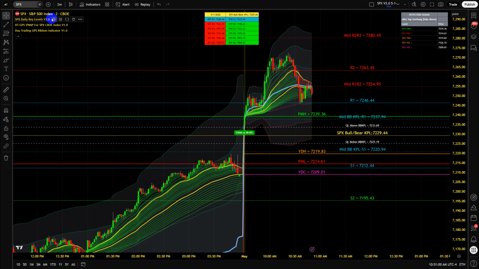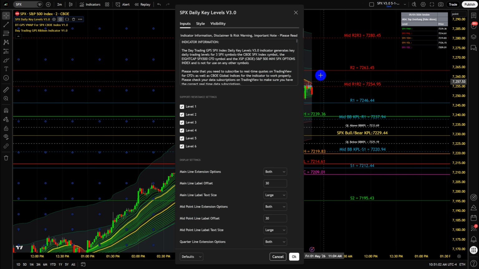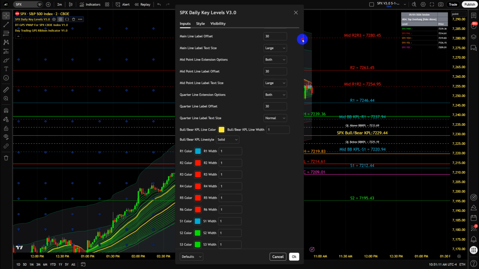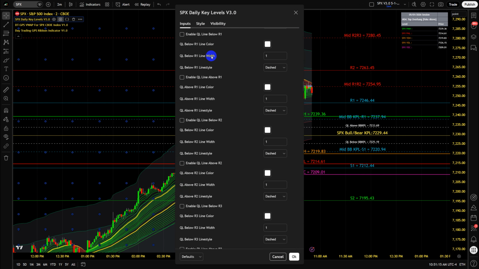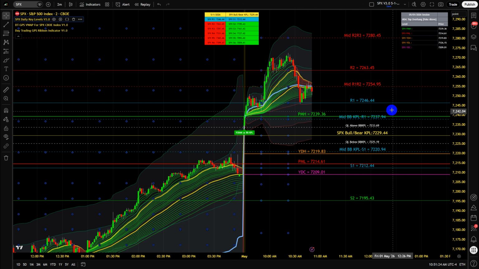You can go into the user control panel. The two that are turned on by default are the QL above the BBKPL and the QL below the BBKPL. However, you can change the defaults or simply turn them on manually when you wish, but they're available for each of the different main key levels, the R levels and the S levels, as well as the BBKPL.